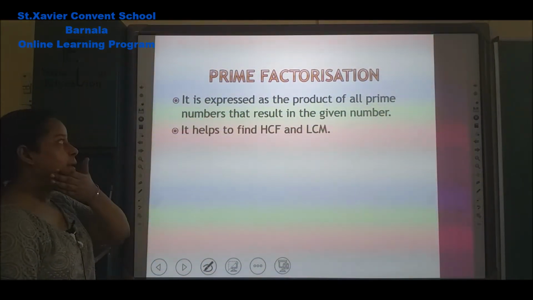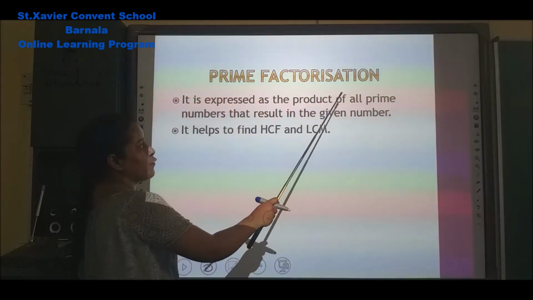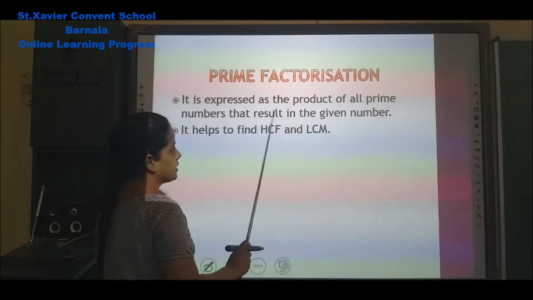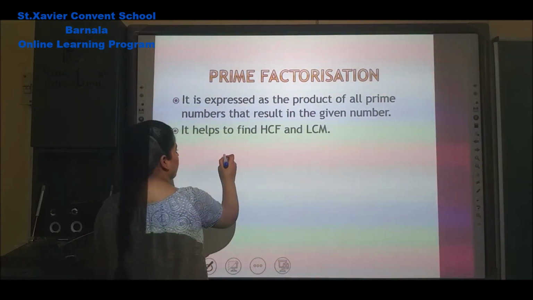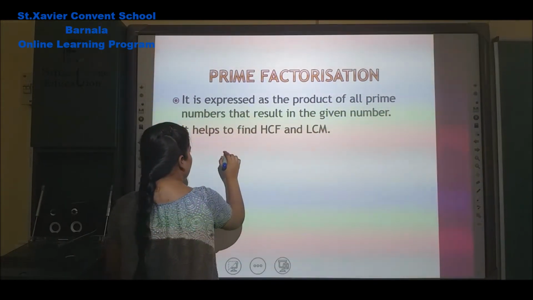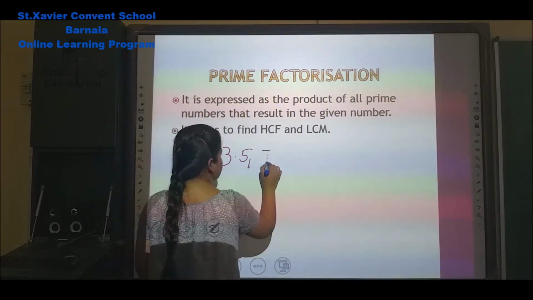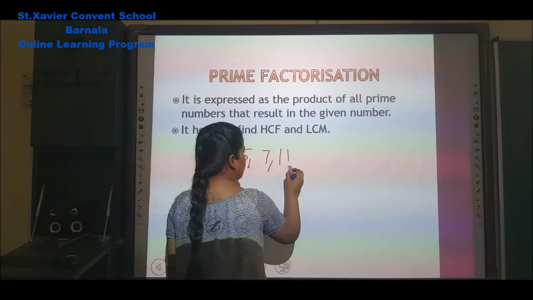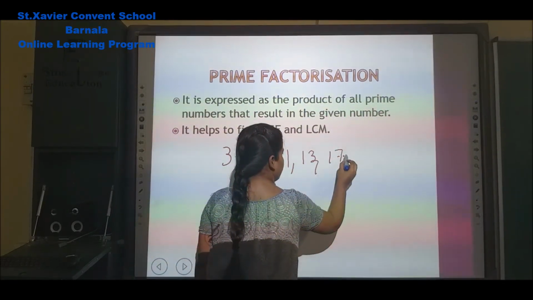The next is prime factorization. It is expressed as the product of all prime numbers that results in the given number. As we know, the prime numbers are 3, 5, 7, 11, 13, 17.